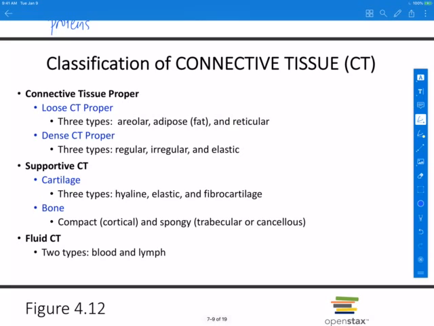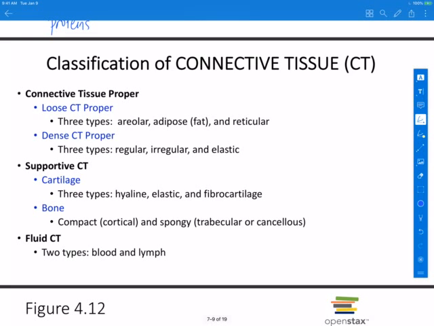Now, dense connective tissue proper is dense. So basically, the fiber bundles are really densely packed together in bundles. And the fibers themselves provide a great deal of strength. The fibers provide strength, elasticity, and protection.